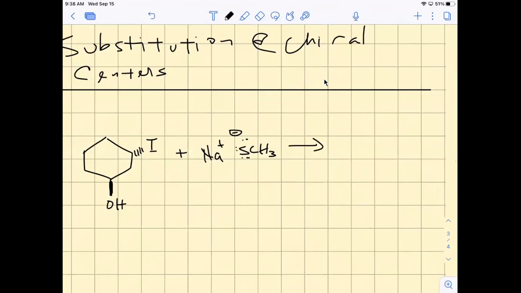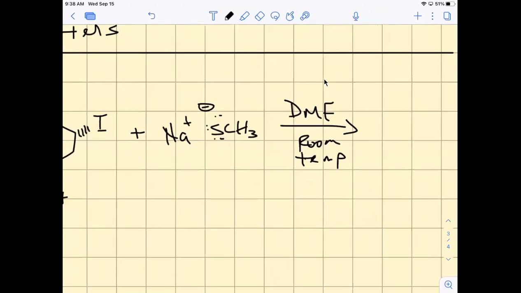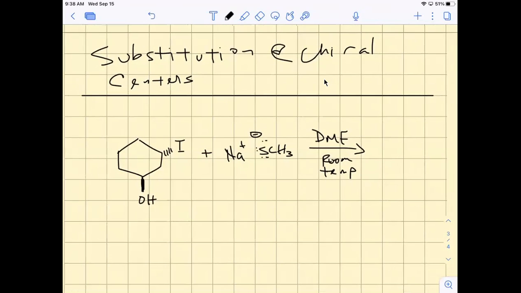And I'm going to set the conditions so that we know it's SN2. I think we talked about this in one of our alcohol to alkyl halide problems, but we're going to review it, refresh it here because you're going to see it a lot.